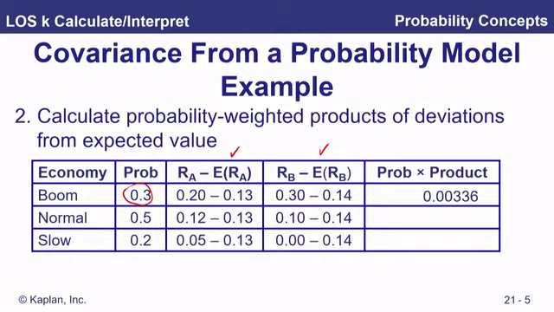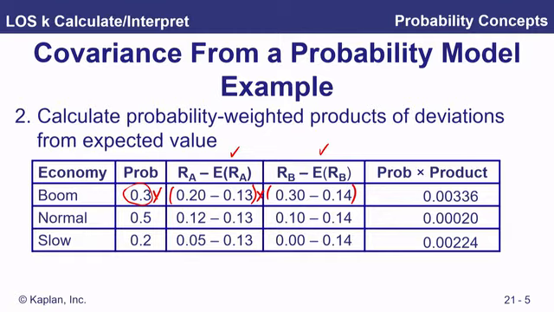We've got probability times this deviation from the mean times this deviation from the mean, and we get 0.00336. And for a normal economy, there's our product of the probabilities and the deviations from the mean. And in a slow economy, we get that.